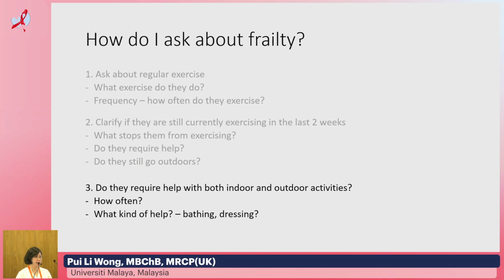So the third thing that you need to ask to ascertain how frail he is, do you require help both indoors and outdoors? How often do you need help, and what kind of help specifically do you need? So do you need help with your bathing, your dressing, your self-care? Because if you do need help for that, you go into a 6 at moderate frailty.